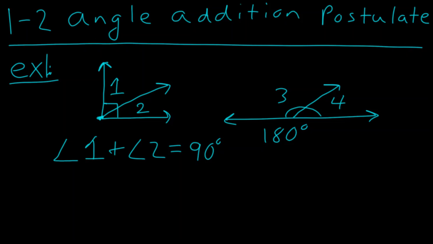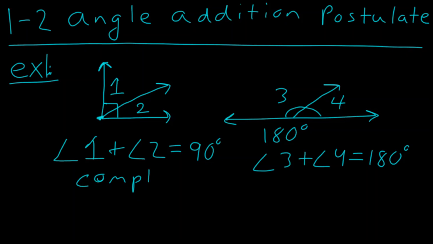And this brings us to our second diagram. Here we have angle 3 plus angle 4, and this adds up to be 180 degrees. And these two scenarios have two special names. Whenever two angles or three angles or four angles, it doesn't matter the number, add up to be 90, we call this complementary.